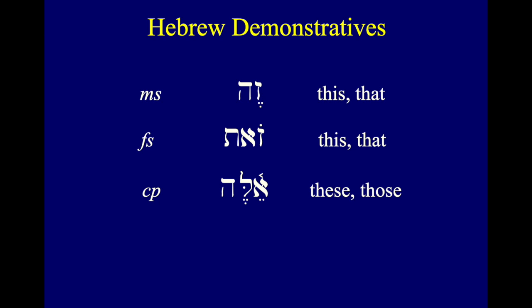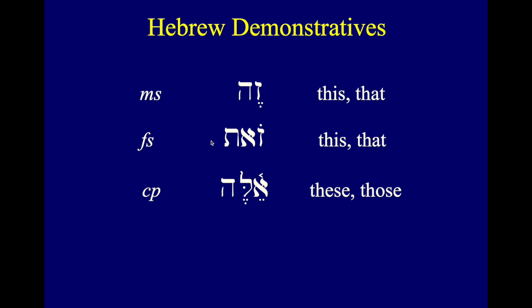In Hebrew, some people will point out there are other words you might be able to use for these far demonstratives. There are a couple different ways that you can point out something in Hebrew. For my sake, these are what I call the demonstratives here: ze, zot, and ela. Ze meaning this or that. Zot, this is the feminine singular form, this or that.